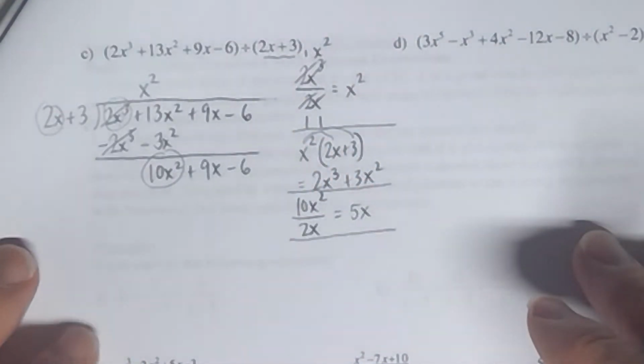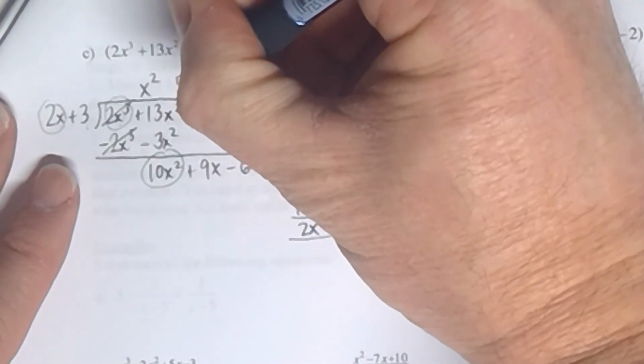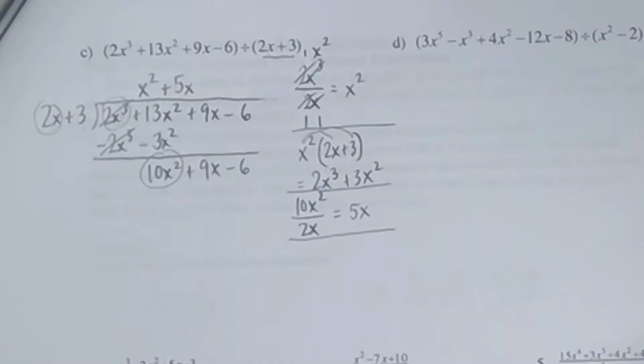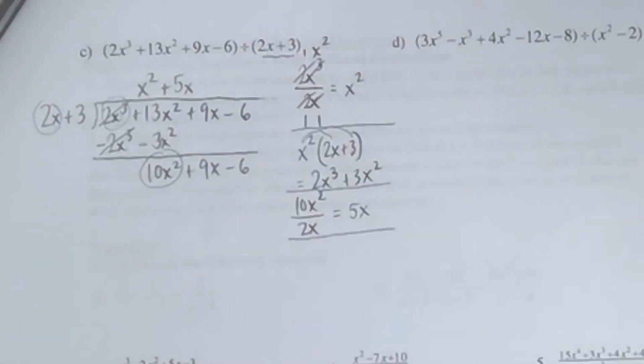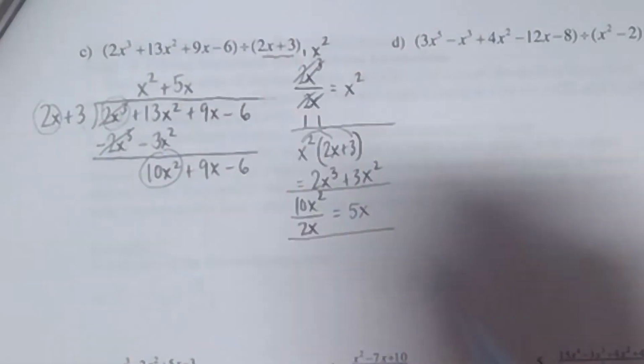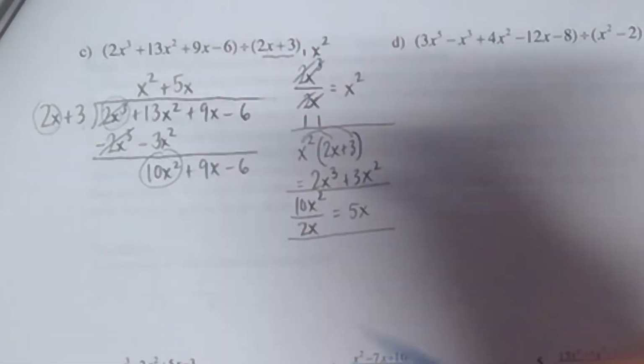Okay. Since that is positive 5x, you got to say not just 5x here, but you got to say plus 5x. If it had been negative 5x, then you'd say minus 5x. But you got to have either a plus or minus in front of each term that goes after the first one there. Okay. And so that's why I put that plus up there with the 5x.